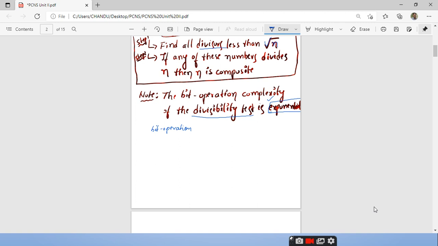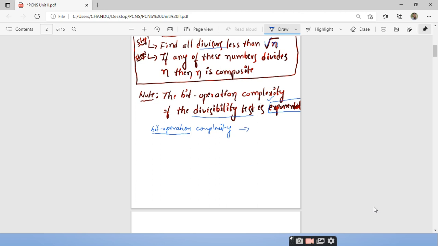Why bit operation complexity? Because we are going to make use of these algorithms on computers, so we take it as bit operation complexity.